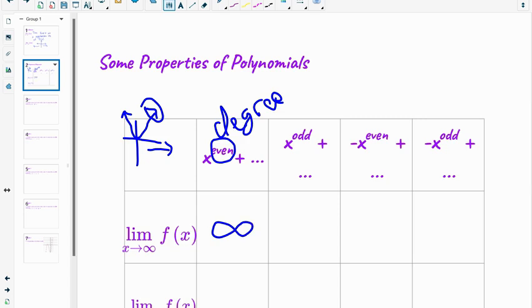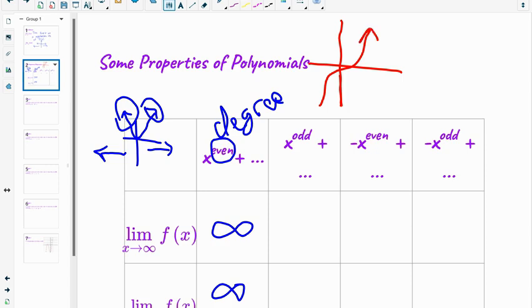Likewise, as we head to the left, this other arrow is indicating an upward direction, which means we are also going to infinity. Now for the next one, we have an odd degree polynomial, which might look something like this.